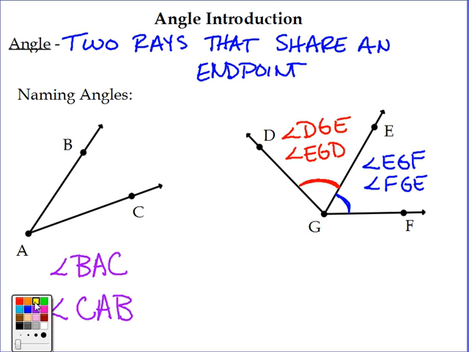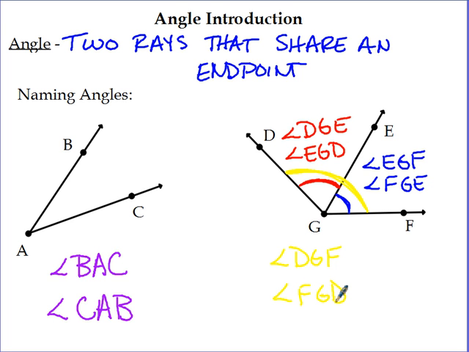And finally, the entire angle there, the big one, I could call DGF or FGD. Okay, so just remember to always put the vertex in the middle and always use 3 points.